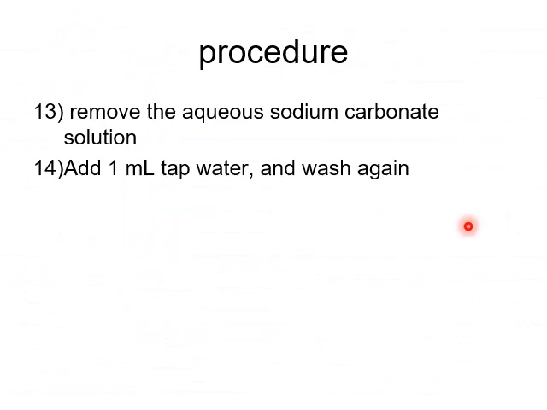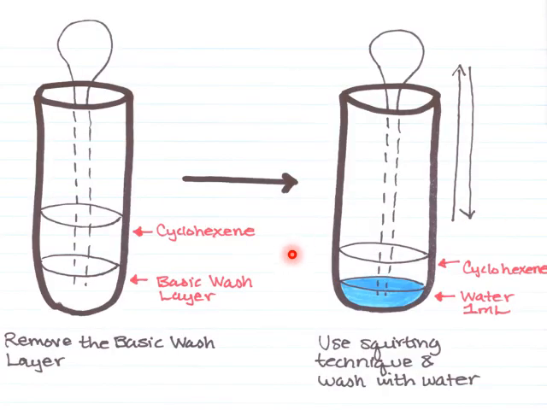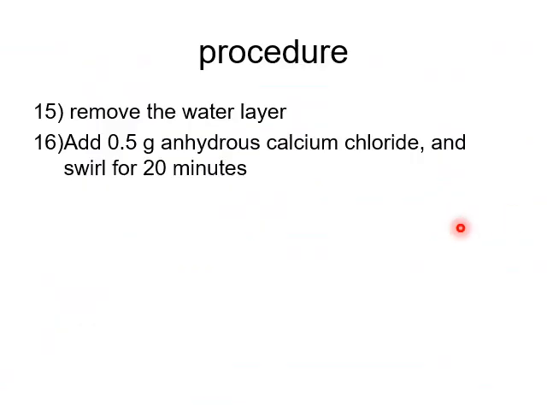After that, you need to remove the sodium carbonate, which is an aqueous phase and will be the bottom layer. You will remove it and add 1 milliliter of tap water, and again do the squirting technique to wash the cyclohexene using this 1 milliliter of tap water. And then again remove the bottom layer, which is the water layer, and add 0.5 gram anhydrous calcium chloride to dry the cyclohexene, to remove any remaining water drops in the cyclohexene.